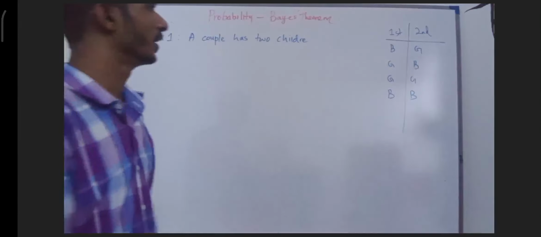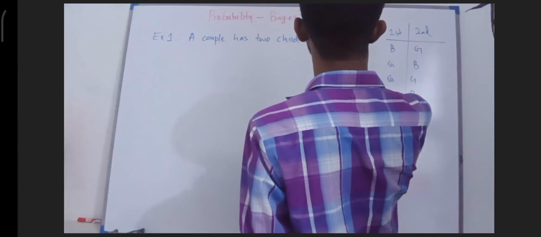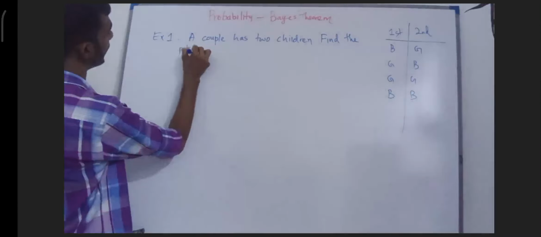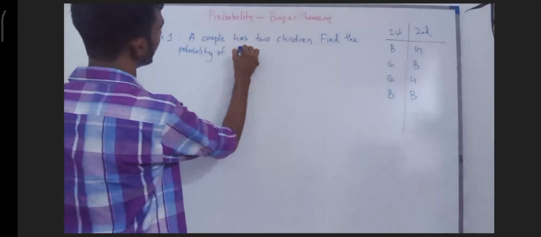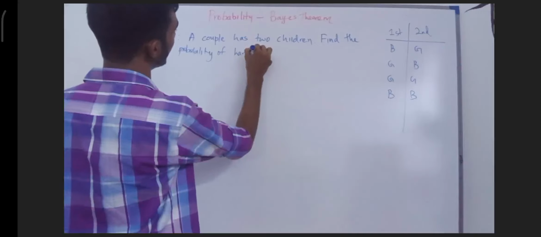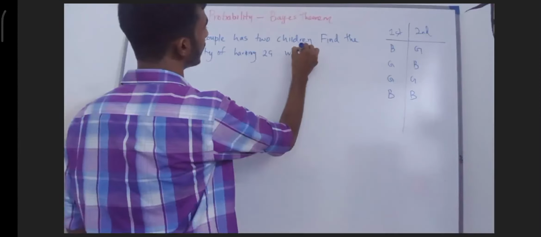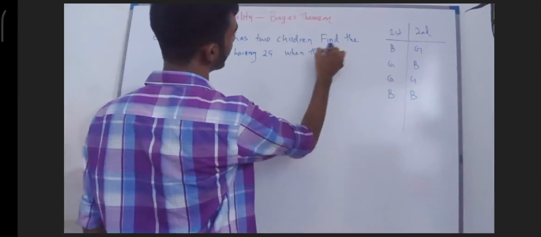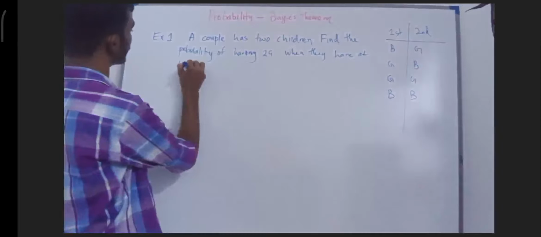Now a couple has 2 children. We have to find the probability of having 2 girls when they have at least 1 girl.